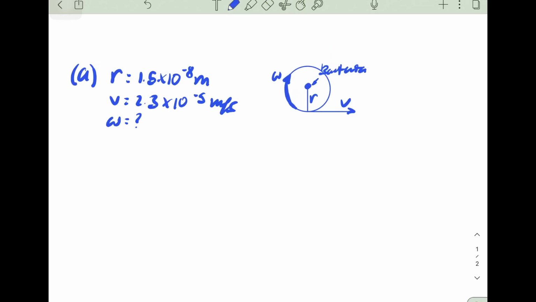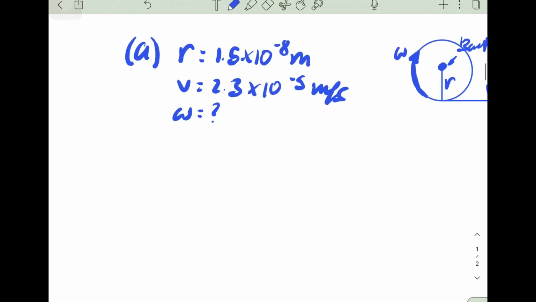There are different equations for rotational kinematics, and they all relate to the regular kinematics equations we know. For example, there's an equation connecting angular velocity with tangential velocity, which is the same as linear velocity.